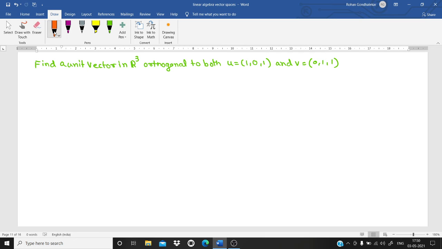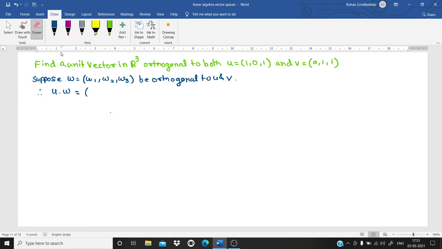Suppose we begin with one vector, w is equal to w1, w2, w3, orthogonal to u and v. Therefore we get u dot w, where u vector is 1, 0, 1, dot product with w1, w2, w3.